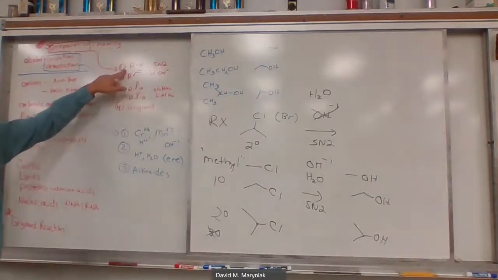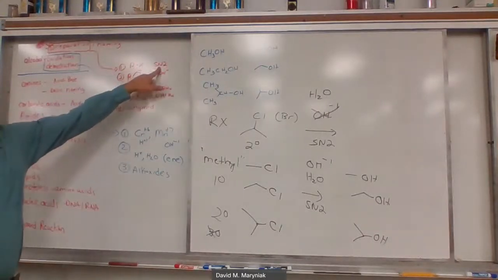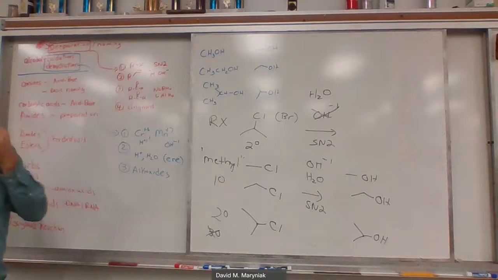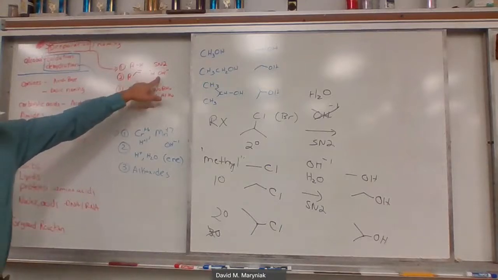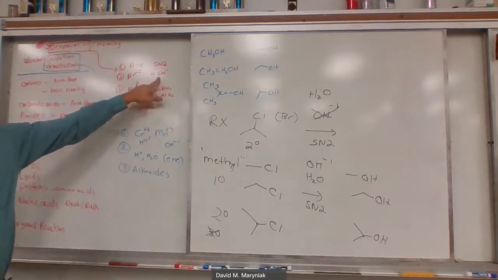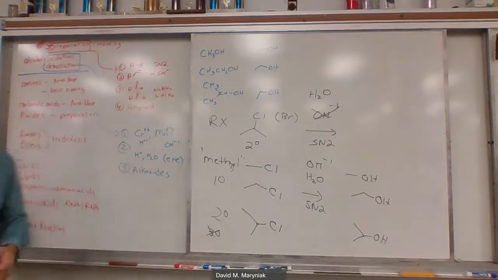So that's a review of halides doing SN2. What's next? An alkene doing what? That should be fresh on the brain because what did we just cover? So what are the three ways that we can hydrate an alkene?